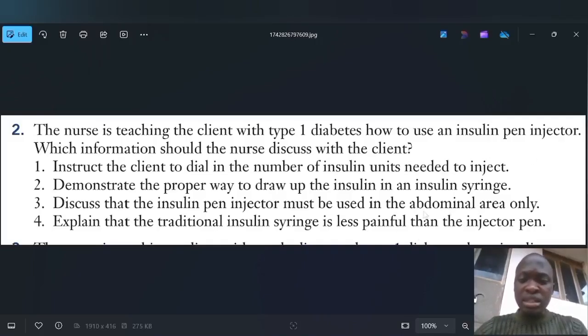The abdominal area is the most common and has the most rapid absorption. So number 3 is wrong. Number 4, explain that the traditional insulin syringe is less painful than the injector pen. It's actually the other way around. The insulin pen injector is much less painful than the traditional way. So number 1 is the answer.